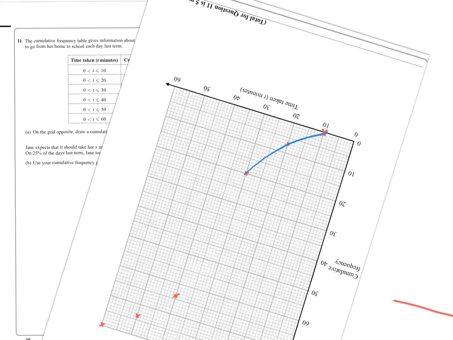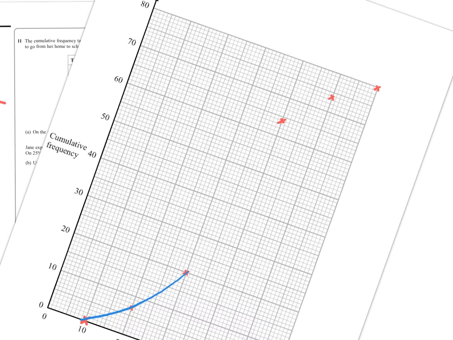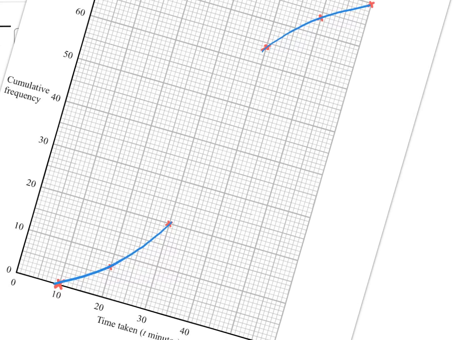I then will turn my page and go underneath this part here, and then I'll try and join these other ones up. And here's where you've got to be careful, not too careful, but just careful enough that it's nice and smooth. So here goes. It might take me a few times to do this.